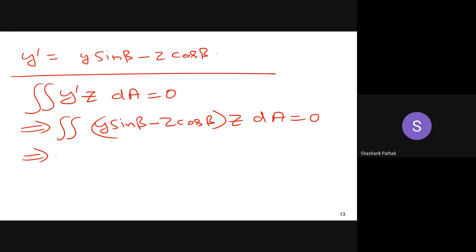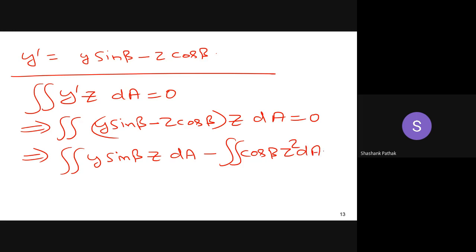Let us write it further. Integral y sine beta z dA minus integral cos beta z square dA equal to 0. I have done nothing, just multiplied and separated the integral.